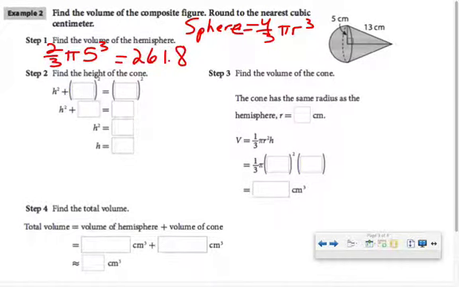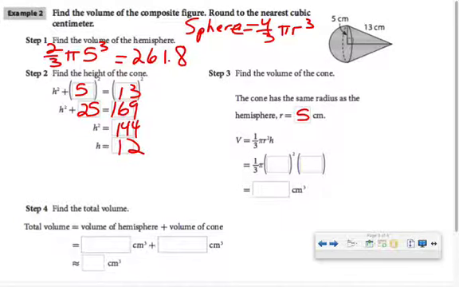Notice again, they gave us the wrong height, so we have to use Pythagorean's theorem in order to find it. So h squared plus 5 squared equals 13 squared. H squared plus 25 equals 169. So h squared is 144, and that's why h is 12 when I take the square root of both sides. So the cone has the same radius as the hemisphere, so my radius is 5.